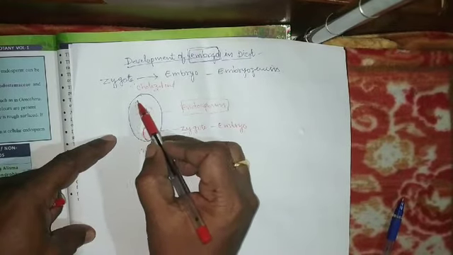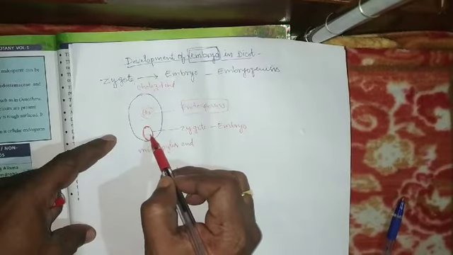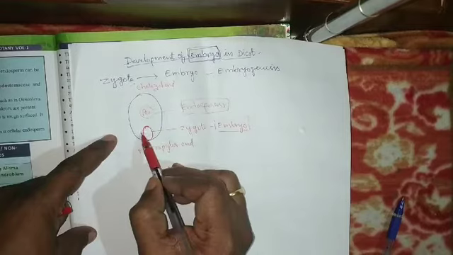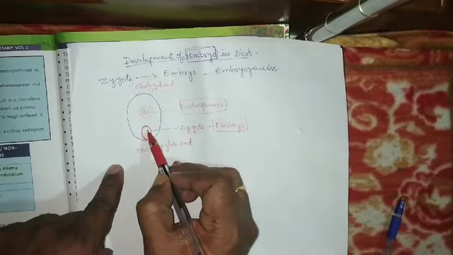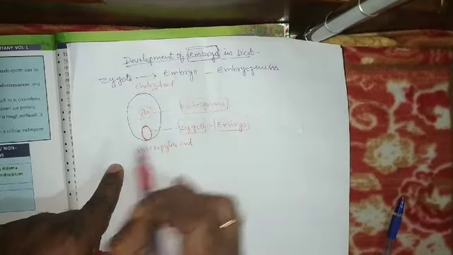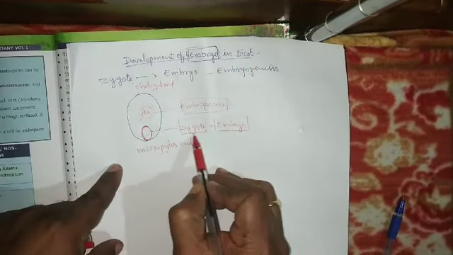When the endosperm is formed in the embryo sac, then the zygote starts dividing and forms the embryo. Before that, the zygote is in resting phase.